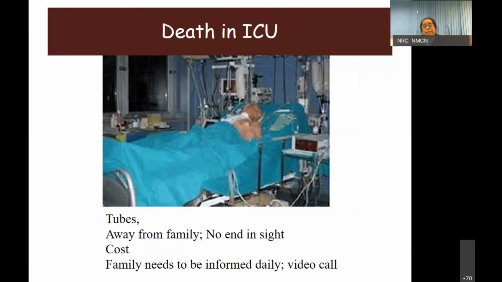But having said that, if the patient has landed up in ICU, then it is mandatory that the family be informed daily after the rounds, for instance in CCM, or in the RCH COVID ward today.